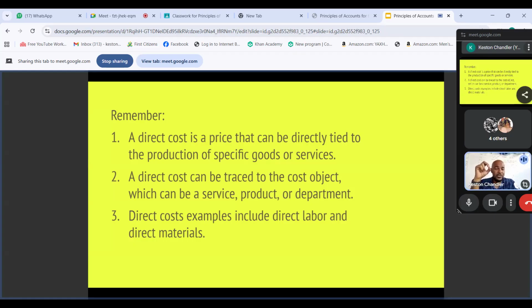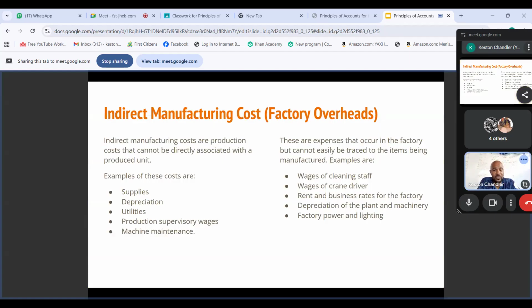You have to remember this. It must be traced or can be traced to the cost object, whatever it is you're making, whether it's a service or product or department. The direct cost includes materials, labor. In other words, wages of anybody that is directly involved in making the product or providing the service.